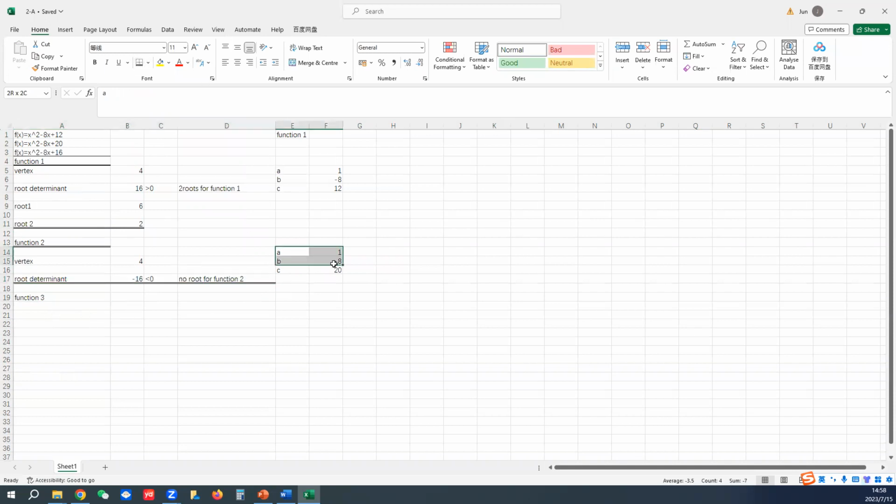Function 3, ABC can be copied, and C is 16.